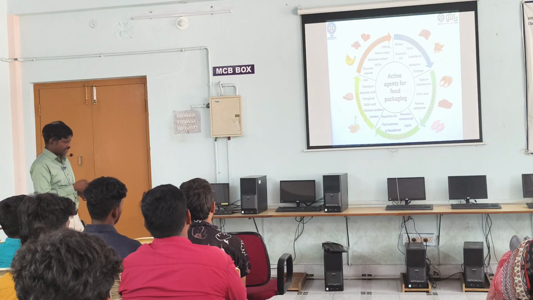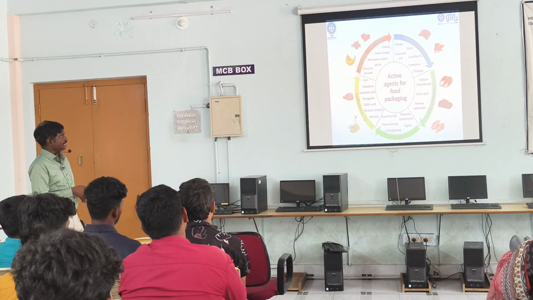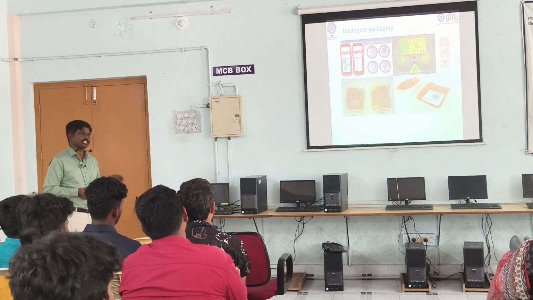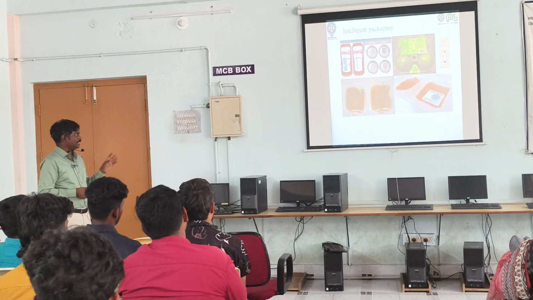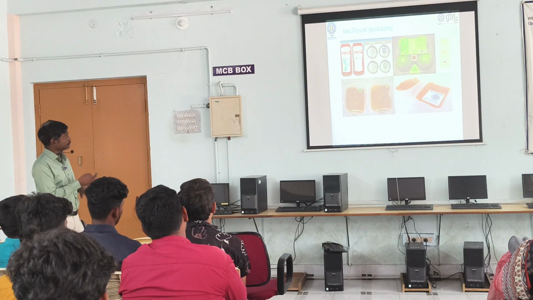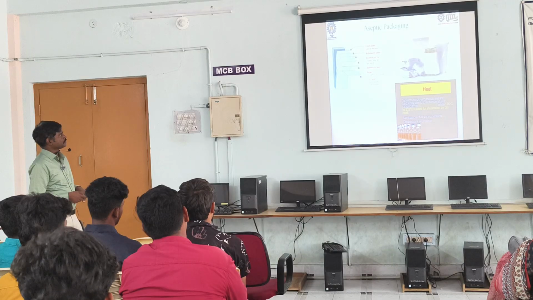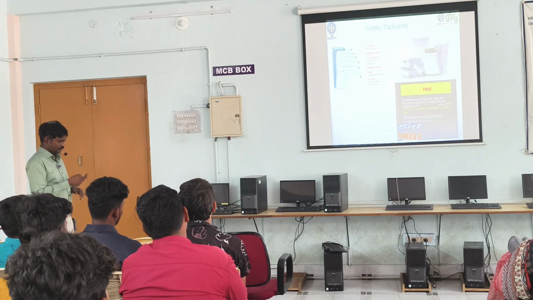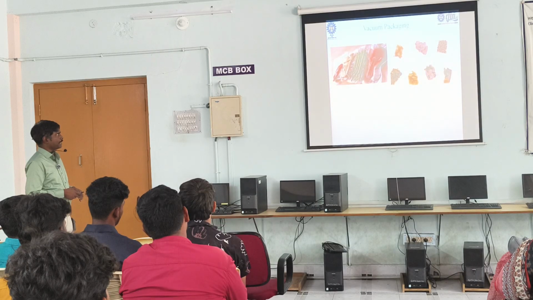We have various kinds of food packaging materials: active and intelligent packaging material. So intelligent packaging material will tell you how much this food is spoiled, how long you can use that food, based on the color. So we have different kinds of packaging material for preservation of milk packaging.